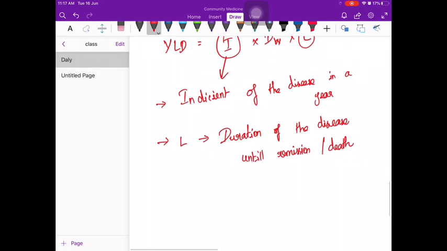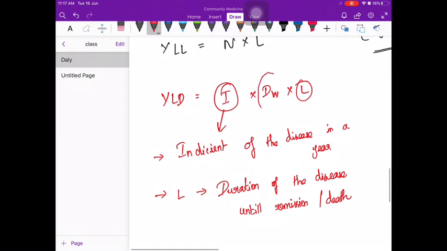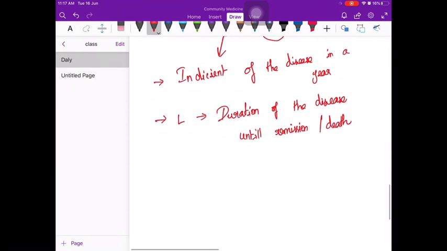That is, L is an average duration of the disease the person will have until the remission of the disease or to his death. And finally, a weighting factor called DW.